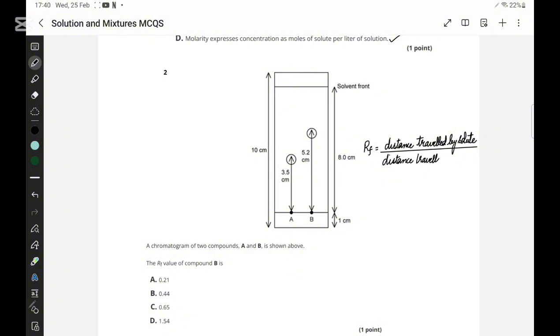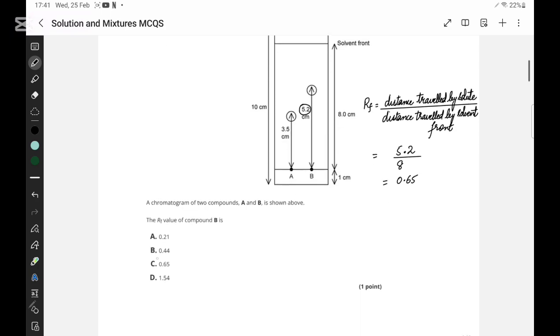So the solvent front distance is this much, which is 8 centimeters, and compound B has traveled 5.2 centimeters. So 5.2 is the distance traveled by solute, and the distance traveled by solvent front is 8. After solving it, the answer comes out to be 0.65. So our right option is going to be C.